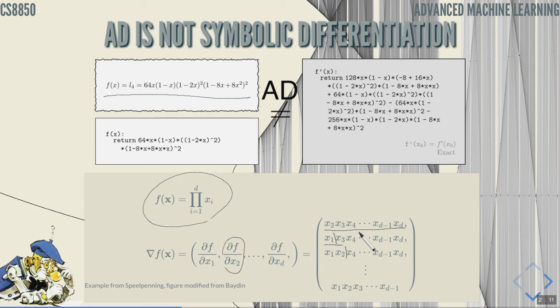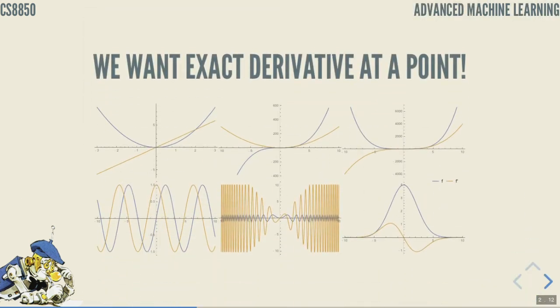And then you have to either evaluate all of this every time, or again run some kind of optimizing compiler on top of that that will figure out the dependencies and will return a black box function that will evaluate the gradient for you in an optimal way. AD doesn't do that. AD does not give you symbolic differentiation. So what does AD do?